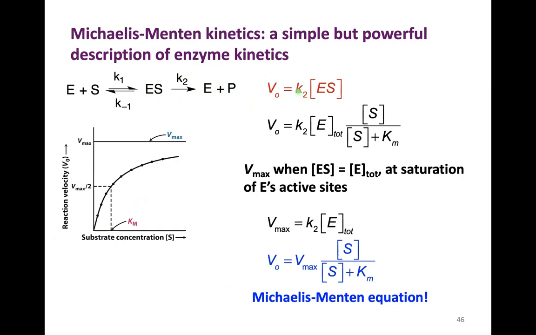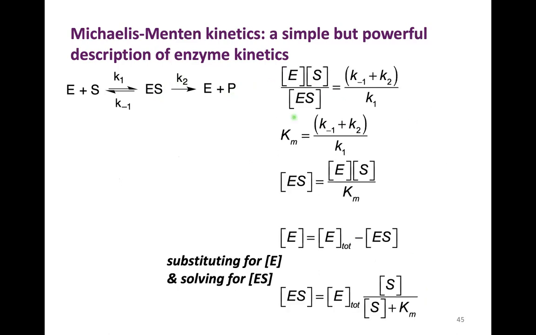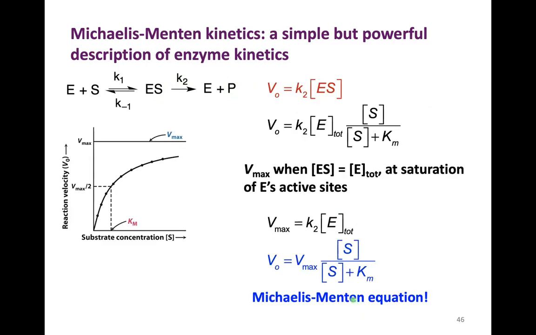That should make sense to you. So here we have our forward rate constant transforming ES to P. Of course, this is a function of the concentration of the Michaelis complex. How fast that reaction goes is dependent upon the rate constant and the concentration. Obviously, that makes sense. So let's do a substitute. This is where we left off with the preceding slide here.